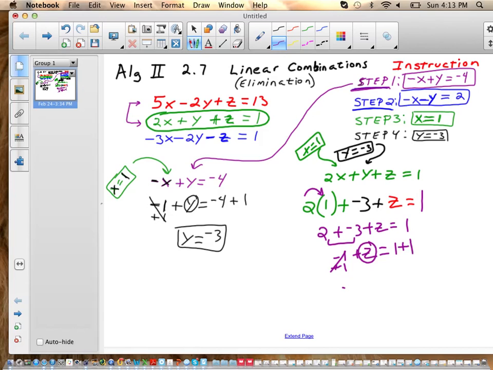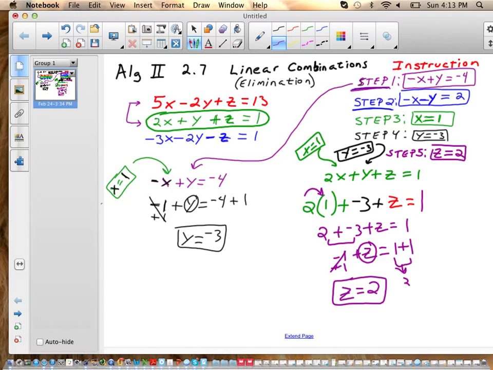So then what I'm left with is z equals 1 plus 1, right? 1 plus 1 is 2. Okay, so z equals 2. All right, so then in my final step right here, step 5, I found out that z equaled 2.